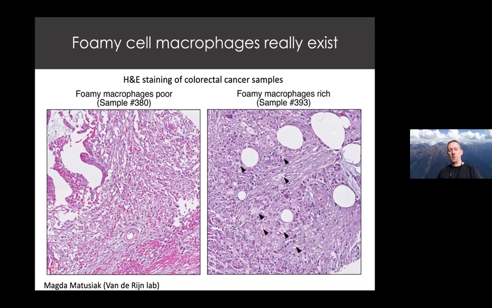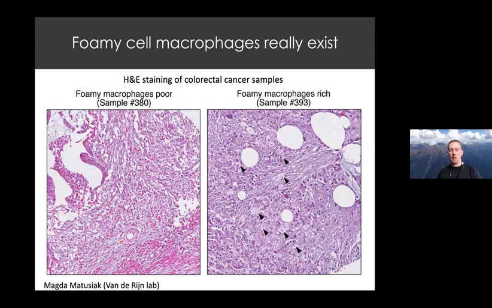And so what we did was to apply the ecotype framework to those samples so that we could predict which ones we thought either did or didn't have these foamy macrophages present. And then Matt's lab, Magda specifically, went back and stained some of the slices that we had made the predictions on.